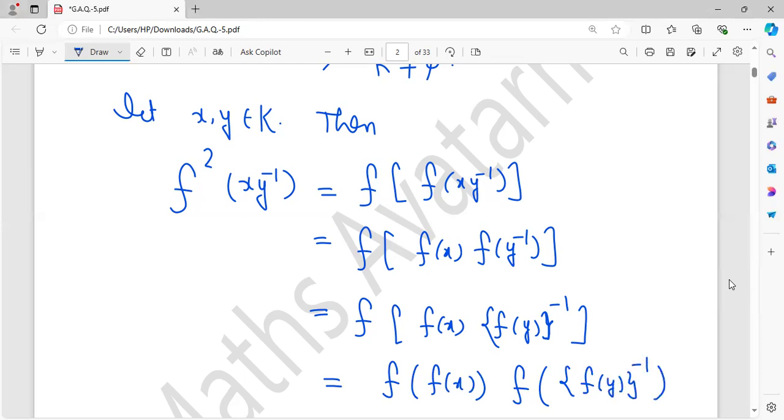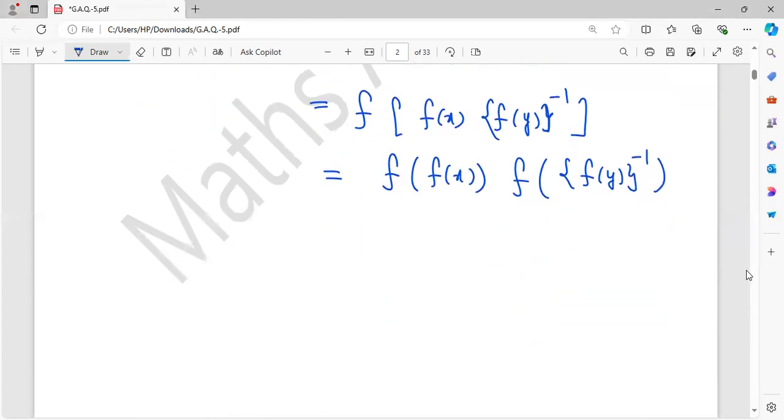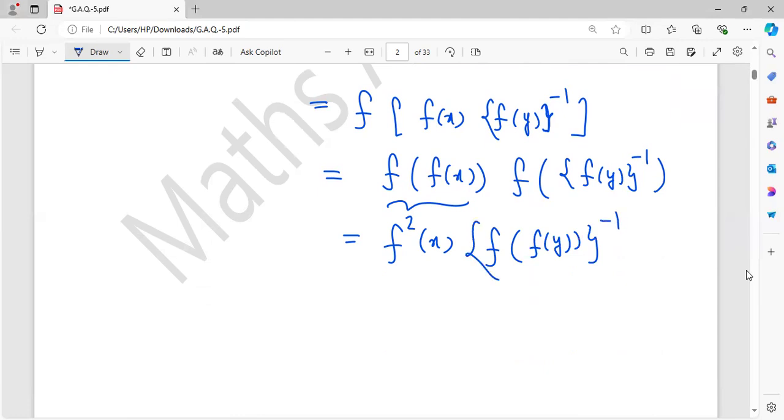Again, the image of the inverse under the homomorphism. So I can write this part f²(x), and this part will be f²(y) whole inverse. But what is this? f²(x) is f(x) because x belongs to K. Now what is this?